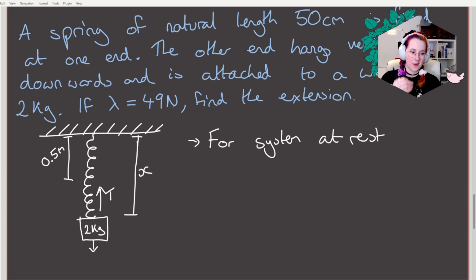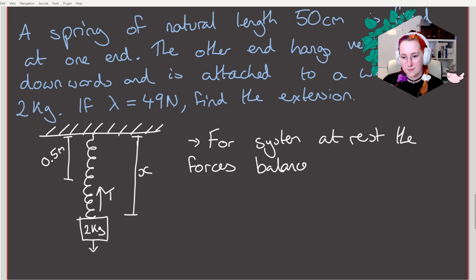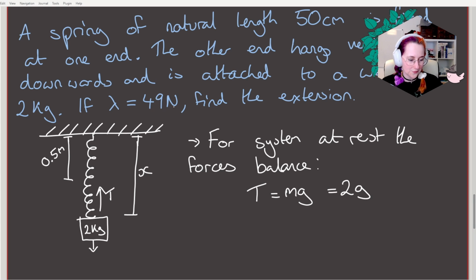We're assuming it's not bouncing up and down. It hasn't deformed. It's behaving properly. So the forces are balanced. So that gives T equals the gravitational force downwards. So that's mass times gravity. So 2 kilograms times gravity.